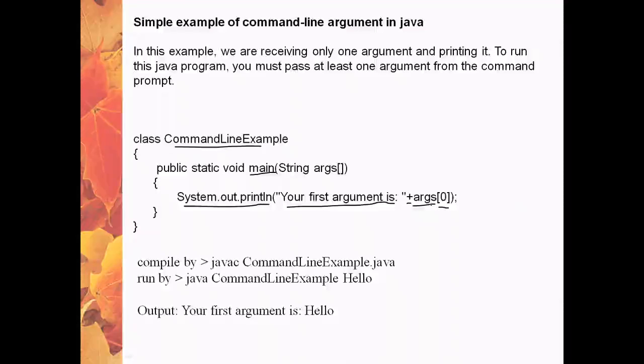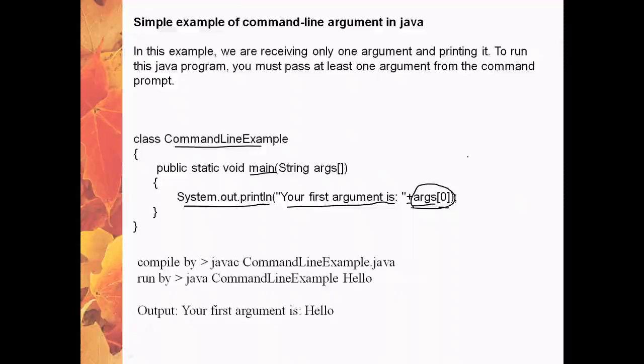Args is an array, and 0 is an index position in the array. So that simply means we are printing the value at location 0 in array args. Now this is where we are reading the command line argument.